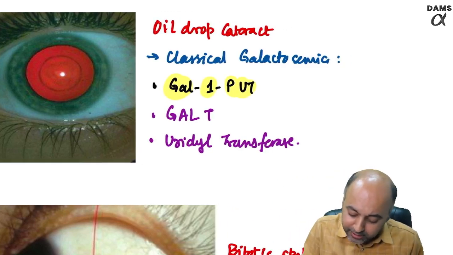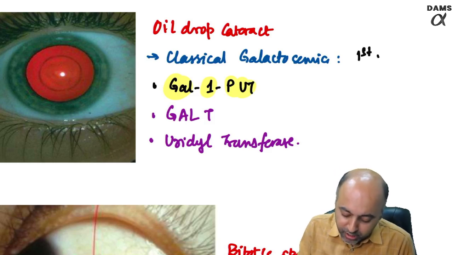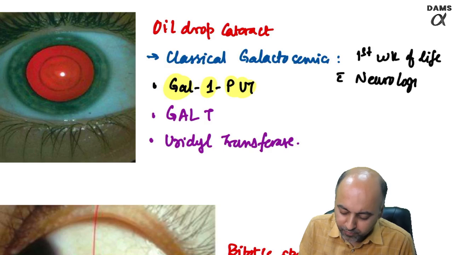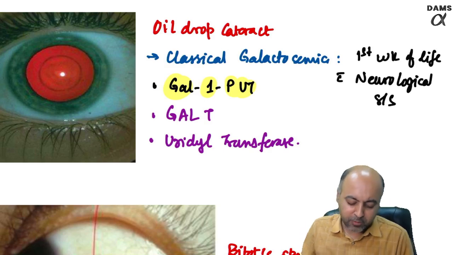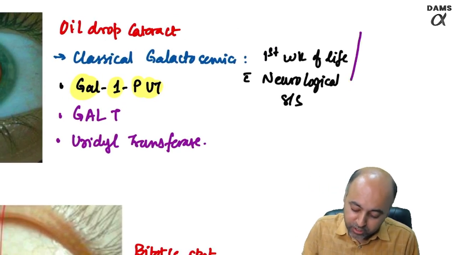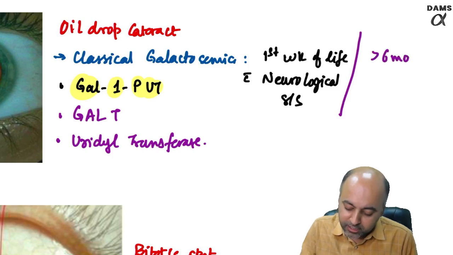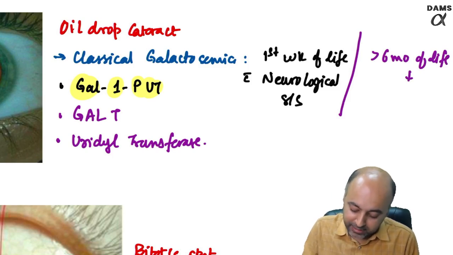And about classical galactosemia, the second very important thing you have to remember is the age of presentation: first week of life with neurological signs and symptoms. Sometimes in the question they might not mention the oil drop cataract, and in this case you will have to distinguish this from a similar clinical presentation which occurs at more than 6 months of life in hereditary fructose intolerance.